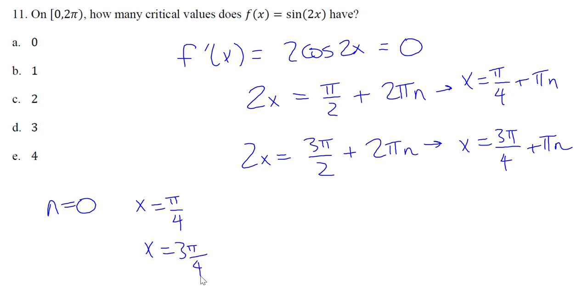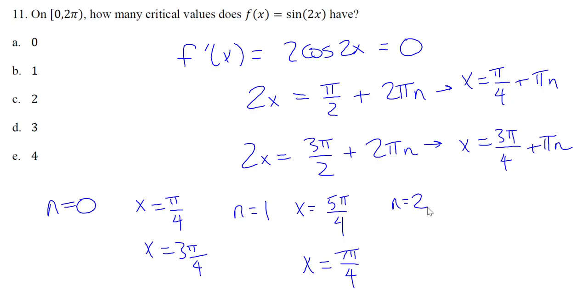So those two values already. When n is equal to 1, we'll end up getting x is equal to pi over 4 plus pi times 1. That's 5 pi over 4. That's still on our interval. And then x is equal to 3 pi over 4 plus pi, which is 7 pi over 4. And that is also still on our interval.